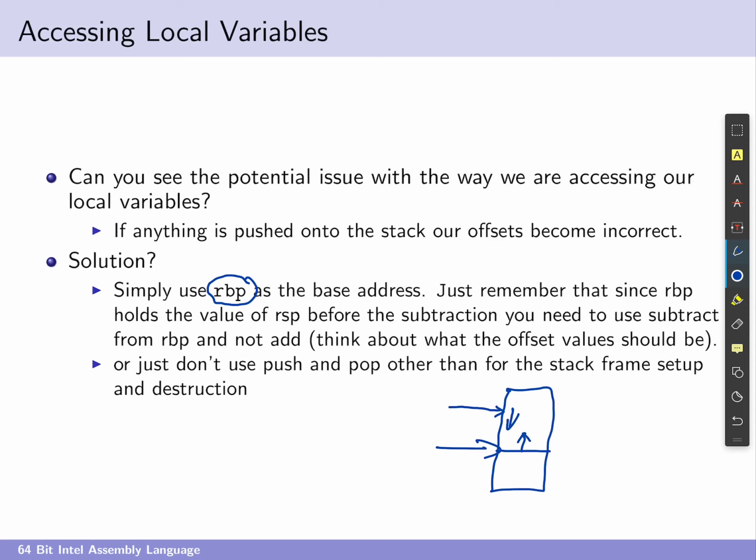And in essence, there's no reason to use push and pops if you can just use subtract. I mean, we could always do the subtract up front and know how much space we needed. We don't need to worry too much about the push and pops, but it is something to keep in mind that if you just use RSP plus and during the course of your code you decide to push something onto the stack, your offsets are suddenly not necessarily going to be correct anymore.